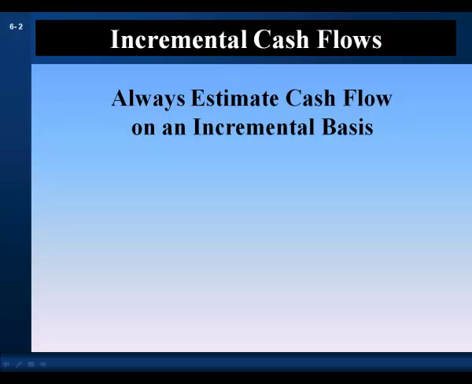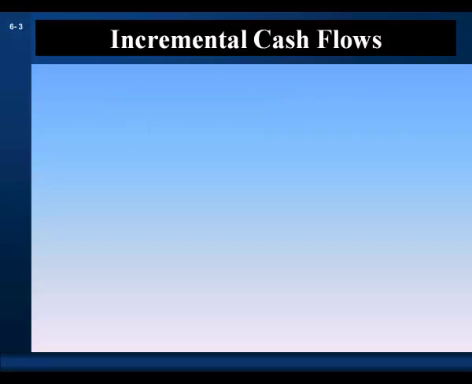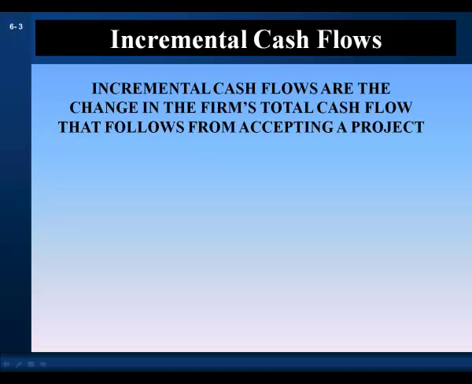General rule number 2. Always estimate cash flow on an incremental basis. Incremental cash flows are the change in the firm's total cash flow that follows from accepting a project. It's the additional cash flow that the project adds to the firm's total cash flow.